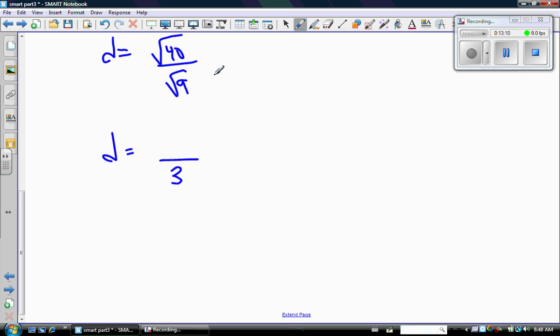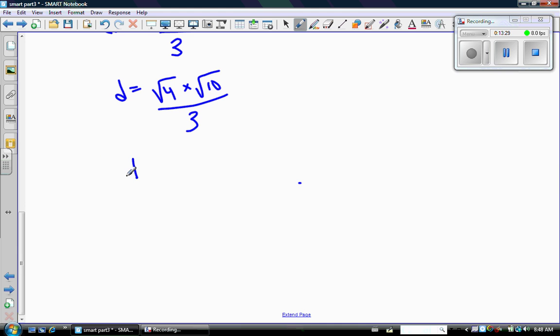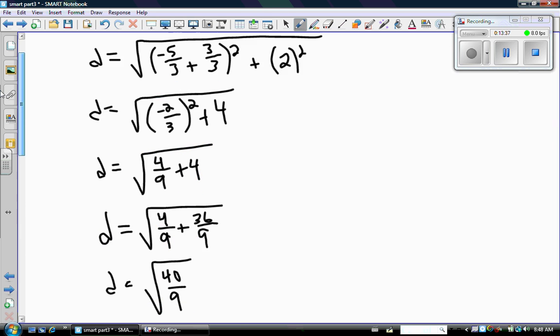Well, I need a perfect square. So 4 is a perfect square that I can use because 40 is just 4 times 10. So that means I can write the numerator as square root of 4 times square root of 10. And don't lose that denominator, it's still 3. So now the square root of 4 is 2. So this is 2 root 10 over 3. So that's the length of CJ.